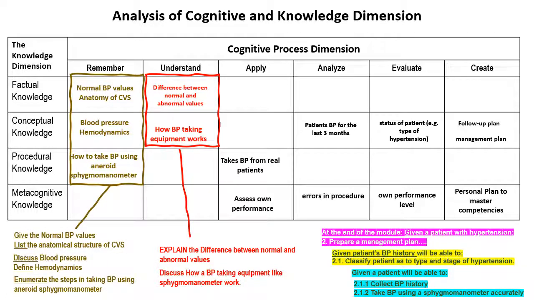And let's bring down remember and now add verbs to them. So our statement will be: give the normal BP values, list the anatomical structures, discuss blood pressure, define hemodynamics, enumerate the steps in taking BP using aneroid sphygmomanometer. So now you have appropriate verbs for each dimension. And now you have a complete set of outcomes.